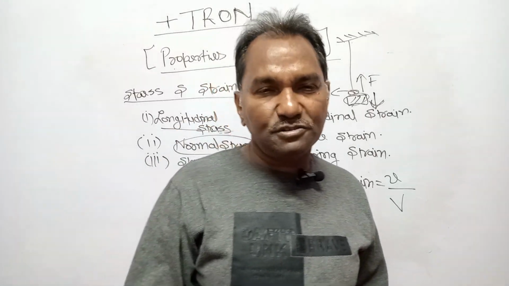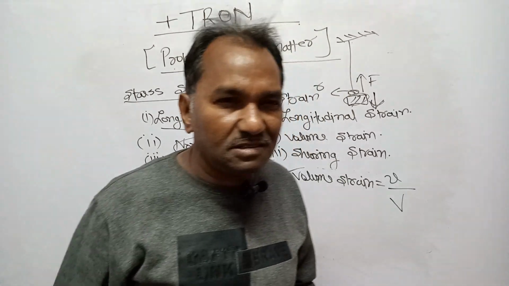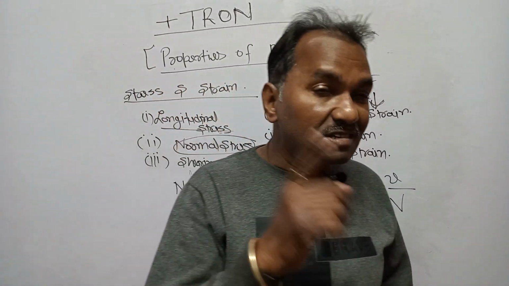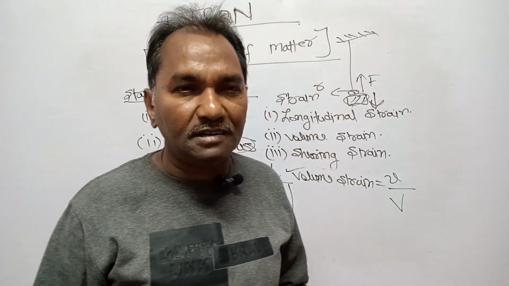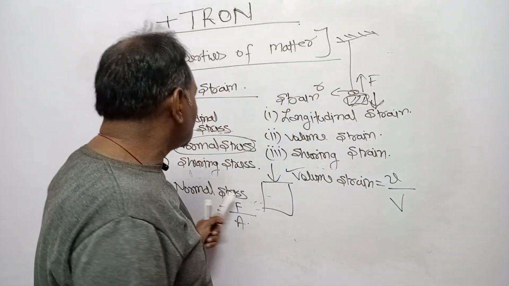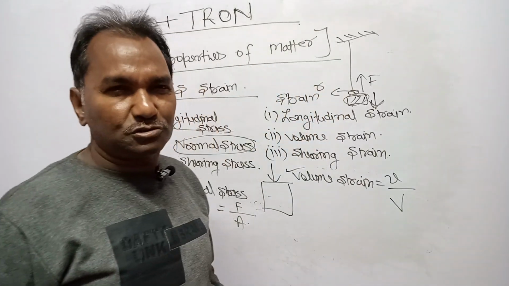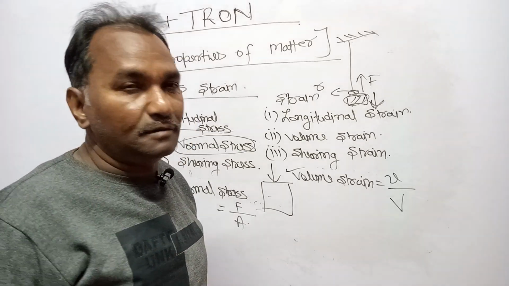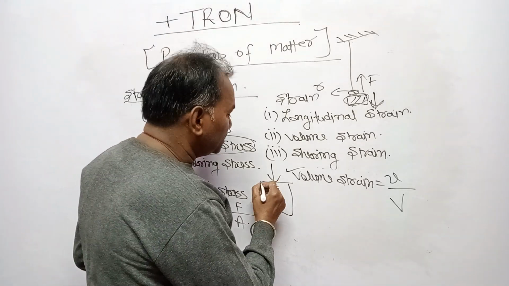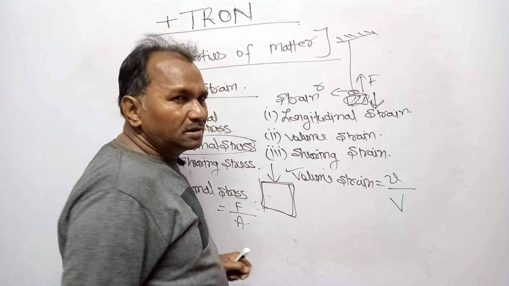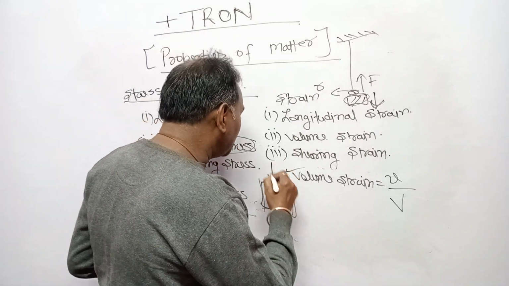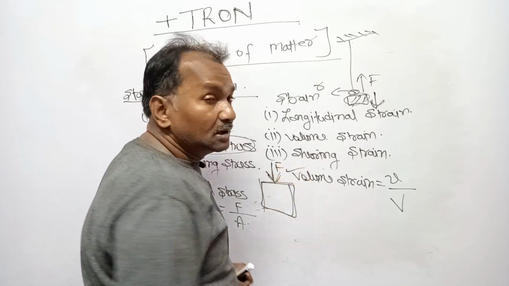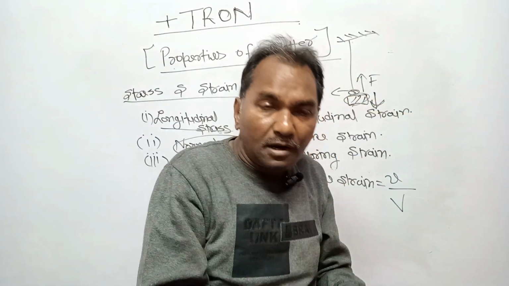There is a big difference between stress and pressure. Pressure is a scalar quantity, but stress is a vector quantity, and it is a quantity of higher rank that is said to be a tensor. But you can say this normal stress is very close to the pressure in nature. Like you have considered a cuboid, it is iron, steel or anything, and you applied a force, then it will try to compress.